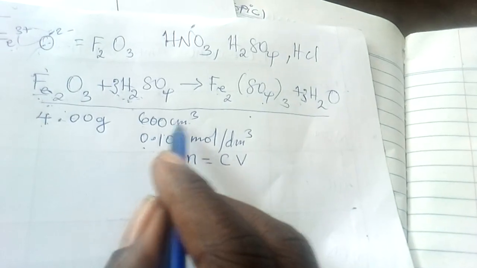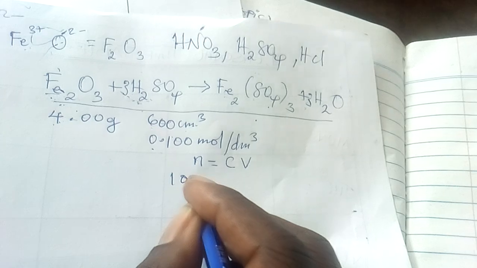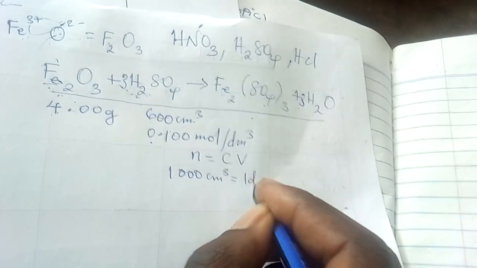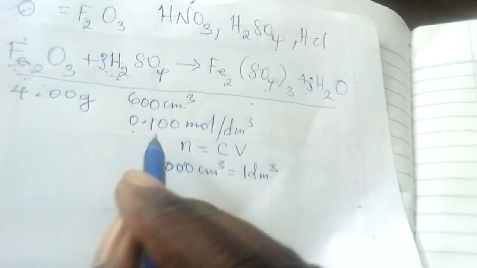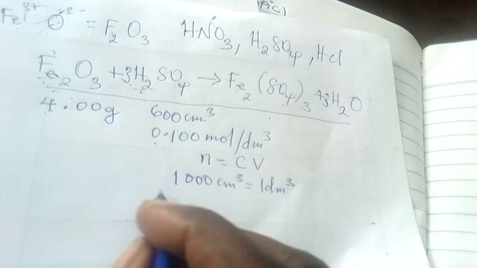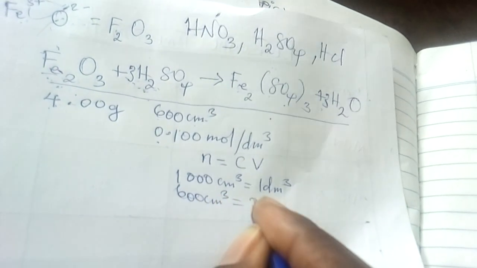So this volume has to be changed to decimeter cubed, which we know that 1000 centimeter cubed gives us 1 decimeter cubed. So 600 centimeter cubed equals to, we don't know.